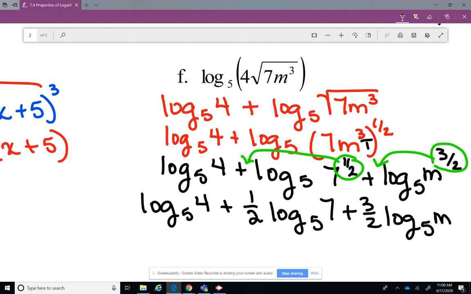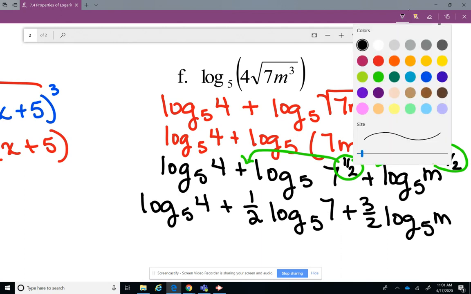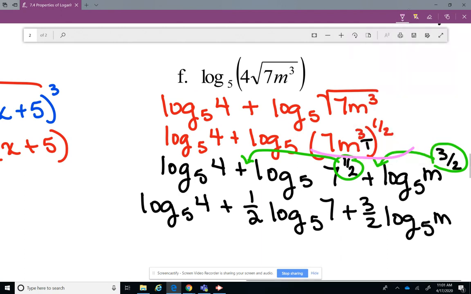So if you look at that and you look at the answer we got a while ago, that's the same thing. So a lot of people like to go ahead and take care of doing this part and changing it. Because remember, this is 7 to the 1. So 1 times 1/2, that's how we got that 1/2. And then 3 times 1/2 is going to be 3/2.